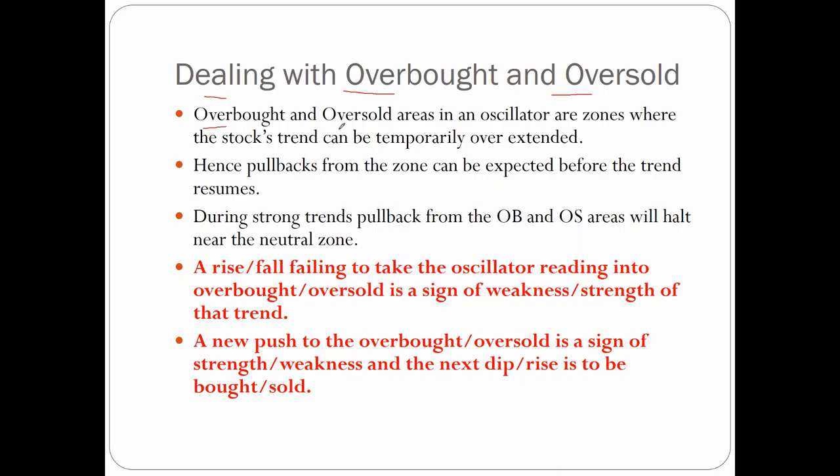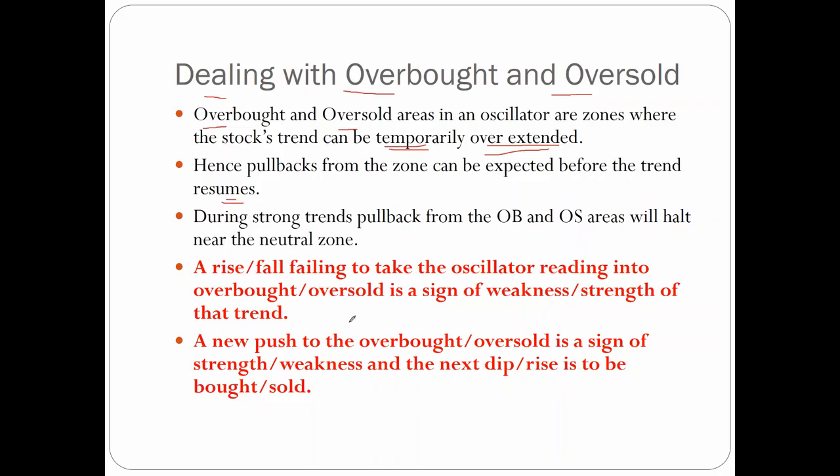So overbought and oversold areas in oscillators are zones where the stock trend can be temporarily overextended. Right? They are temporarily overextended zones. Hence, a pullback from these zones can be expected before the trend resumes.